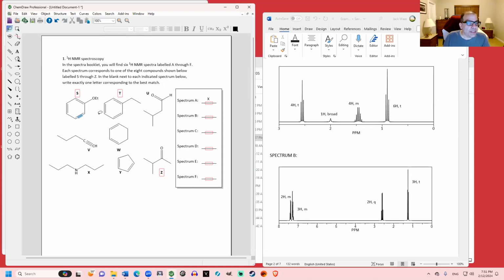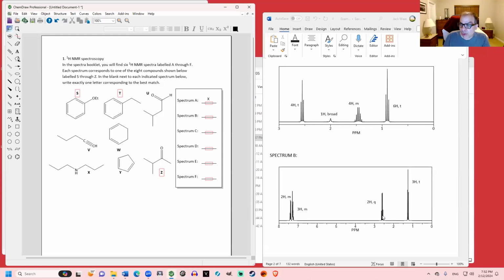That narrows it down to S and T. It has to be one of those two compounds. And what's going to decide it for us is what the CH2 is attached to. If this CH2 were attached to an oxygen, like it is in S, remember OEt means OCH2CH3, we'd expect it to be at more like 4 parts per million.